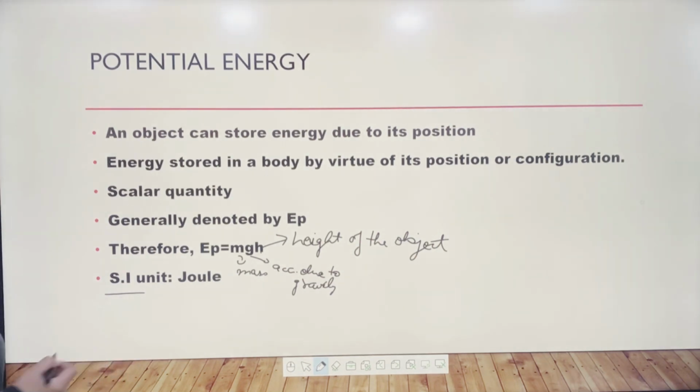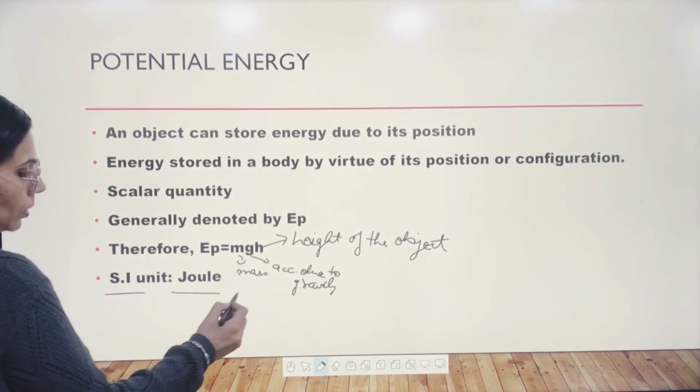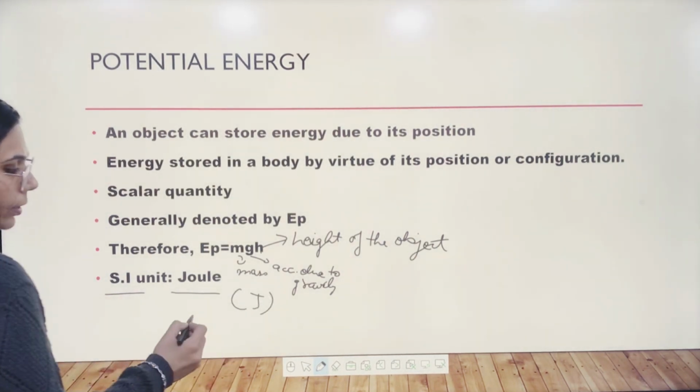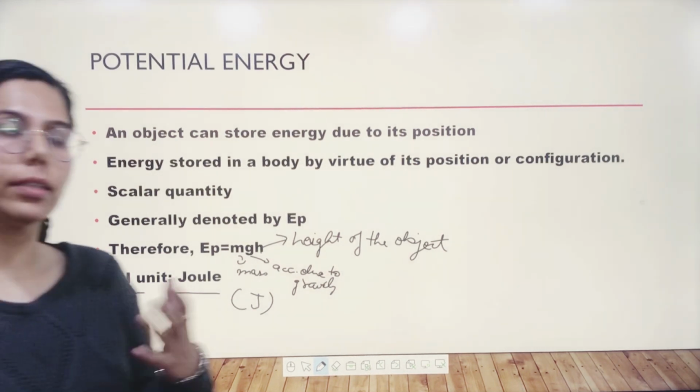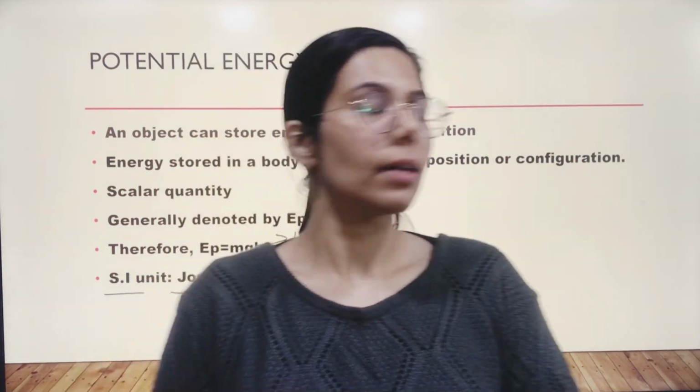The SI unit, that is the standard international unit, is joule. It is denoted by capital J. Let us understand it more with some examples.